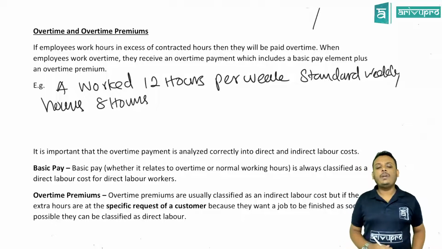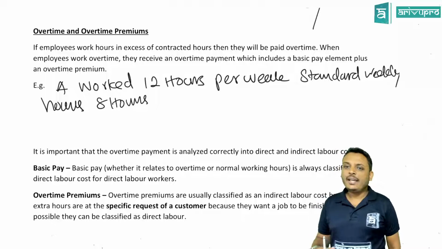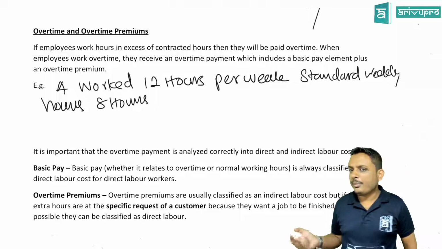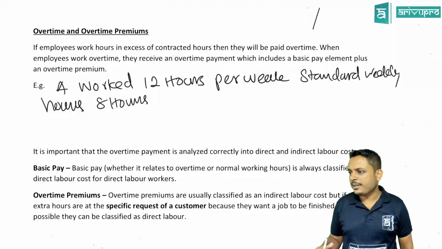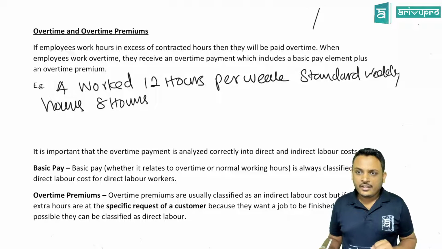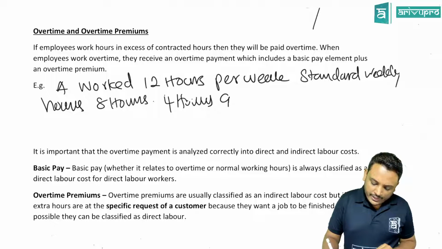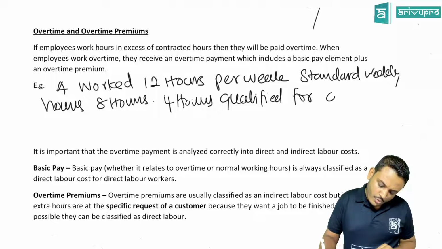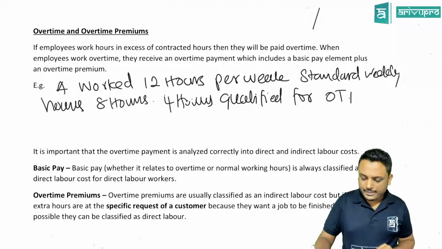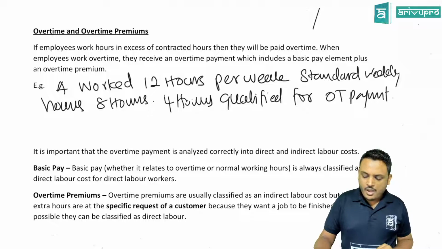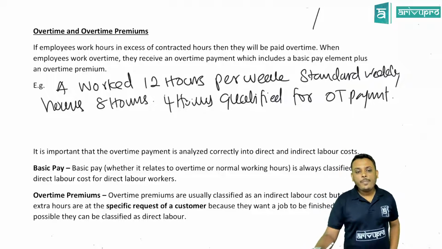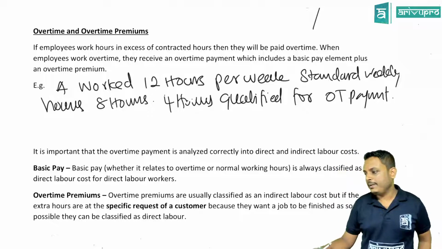So per week he should work 8 hours. Maybe he's a part-time employee or shift basis worker, 8 hours only per week. He worked 12 hours, so 4 hours are qualified for overtime payment.